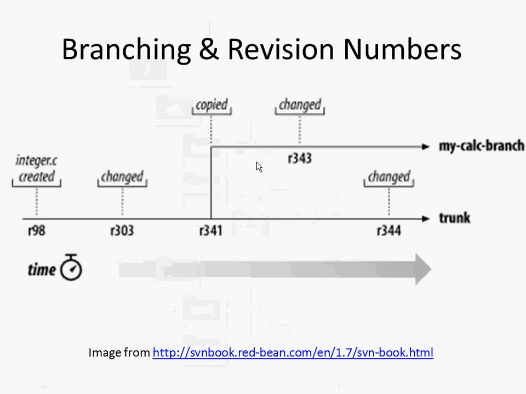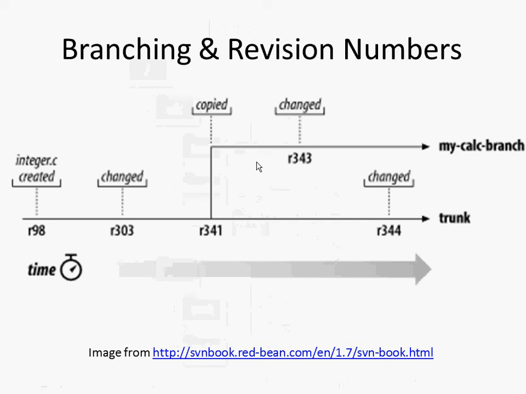So here we're going to have a series of successive versions, and it's important to realize that the version numbers are not necessarily contiguous here. So here we have, for example, the mainline trunk coming along, and then there's a branch at some point, and you'll notice these successive version numbers, these successive revision numbers.